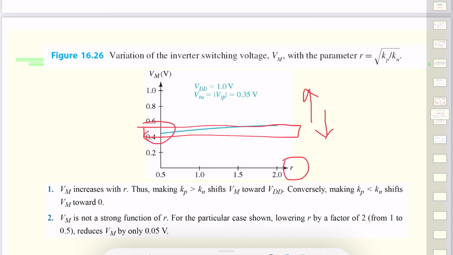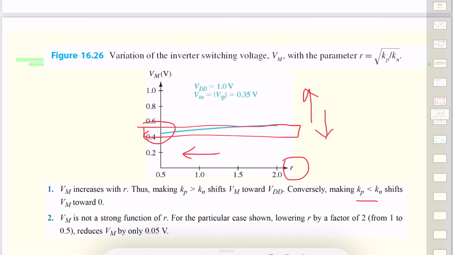As we can see, smaller R will bring it down away from VDD towards zero. So noise margin will be smaller if we have smaller transfer characteristics width for PMOS.